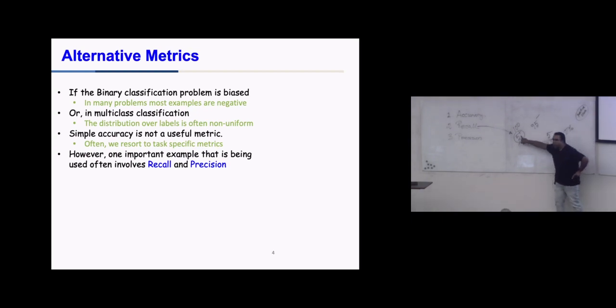So my recall is going up. I'm at 100%, but my precision is 5%, because I have said 100% of the time it is positive. So you need to account for both cases.